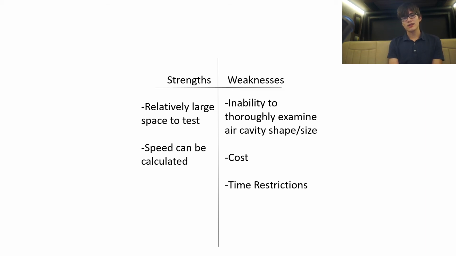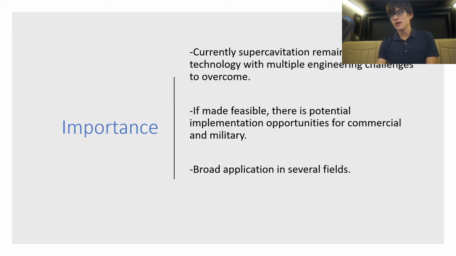And with this experiment design, the speed can be calculated, whereas in an underwater chamber it can be more difficult to calculate. The weaknesses are an inability to thoroughly examine air cavity and shape, which can be done in a water chamber, and then the cost as well, and the time restriction.